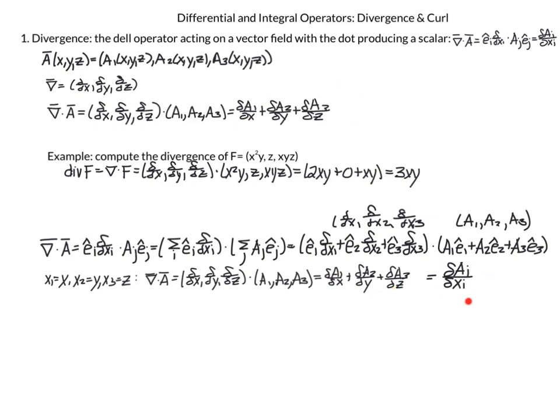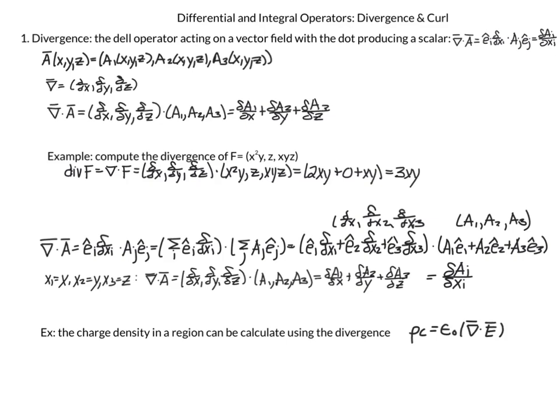And then putting it back into summation notation is dAi over dxi. And then for you physics majors, another example would be the charge density of a region, rho sub c, which can be calculated using this divergence relationship right here.